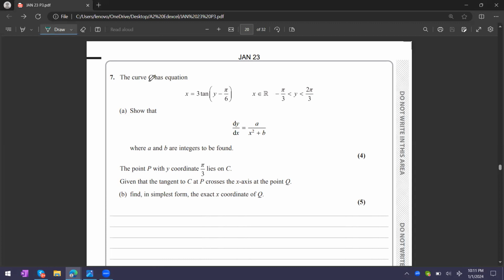Okay. So in order to find the dy by dx, we should start with dx by dy because it's x in terms of y.